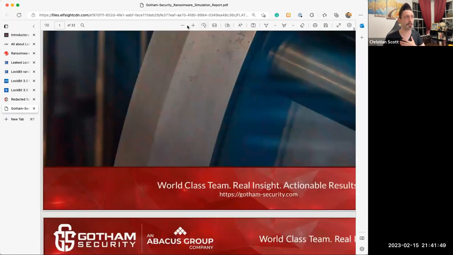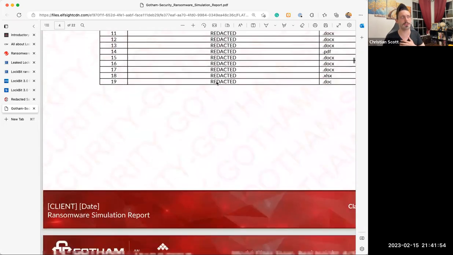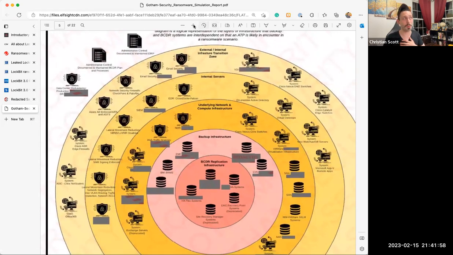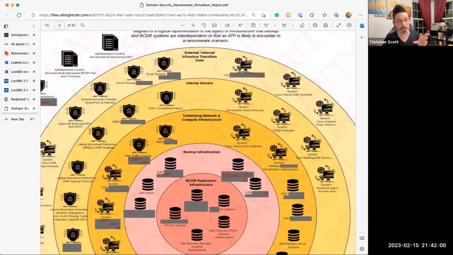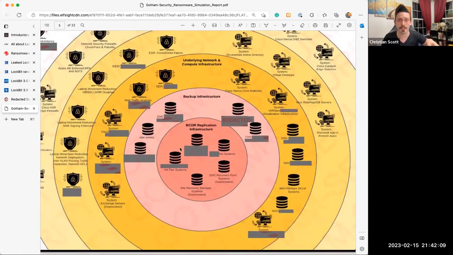I'm just showing you a little bit of what we do when we do ransomware assessments on people's systems. We'll actually map out the environment almost like a jawbreaker, right? Here's your external and internal network infrastructure, internal servers, underlying network compute infrastructure, backup infrastructure, and then BCDR infrastructure.